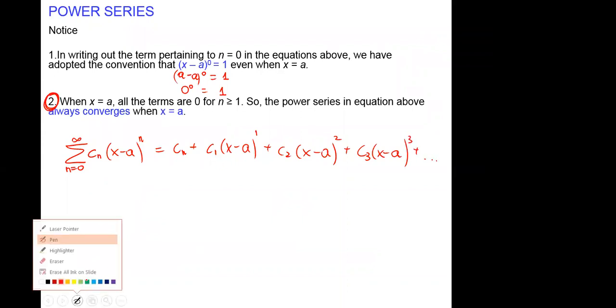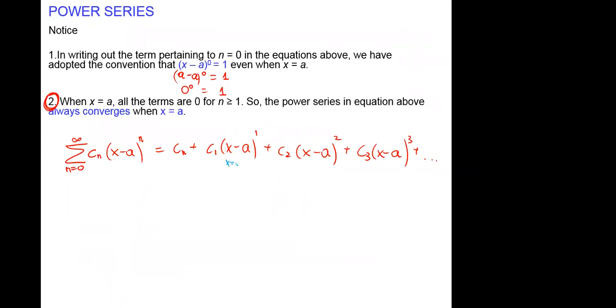If x is exactly the value of the center, we can see all of the terms are 0, 0, 0, 0. The only term that will stay is c sub 0. And this is telling me that the summation of infinitely many terms is a finite number, which means, of course, the power series is convergent.